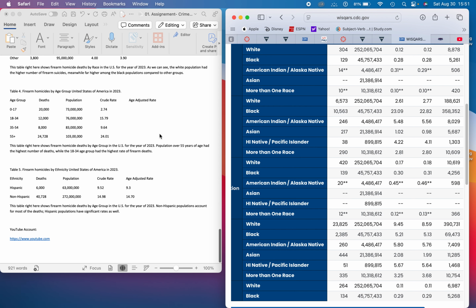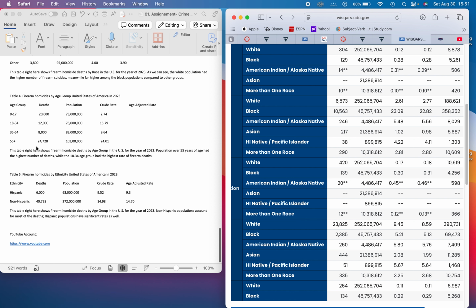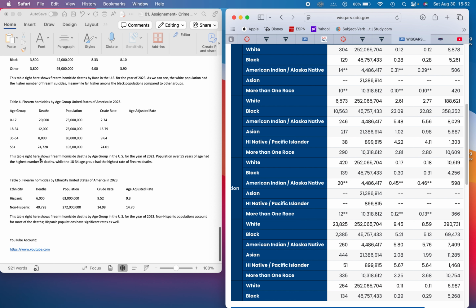As you can see, I put a little note right here that says this table shows firearm homicide death by ethnicity in the U.S. For the year of 2023, the non-Hispanic population accounts for most of the deaths. The Hispanic population has a significant rate as well. And this table right here shows firearm homicide death by age, 2023.